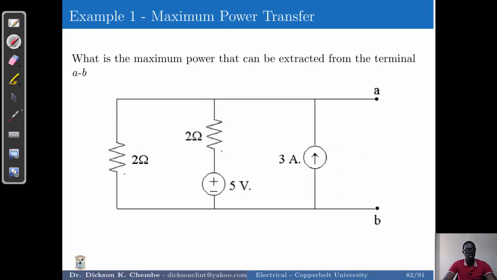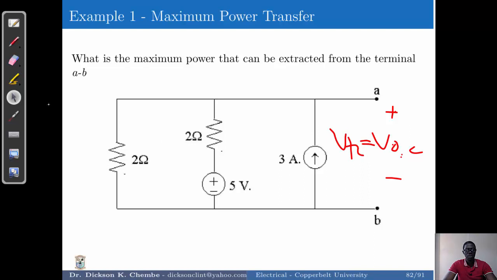In my solution, I come up with the V Thevenin, which is the open circuit voltage, VOC. So you've got plus minus VOC, which in this case is the Thevenin's voltage.